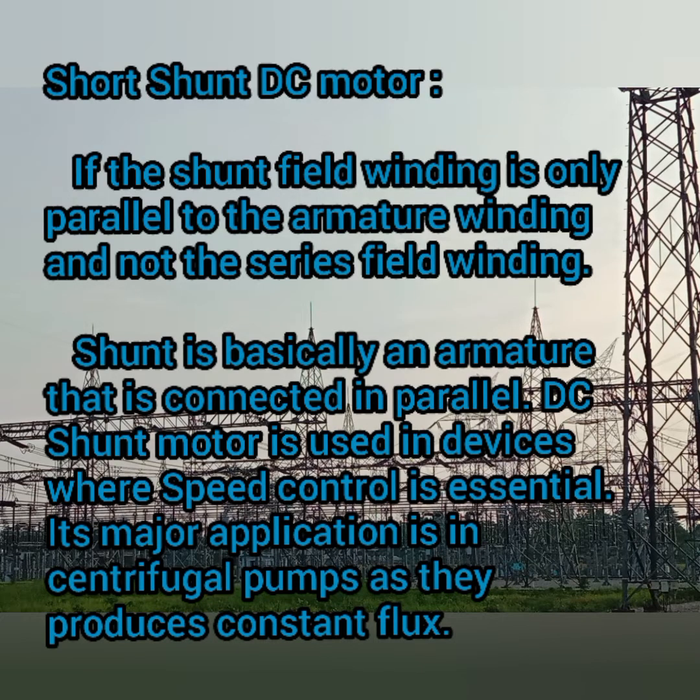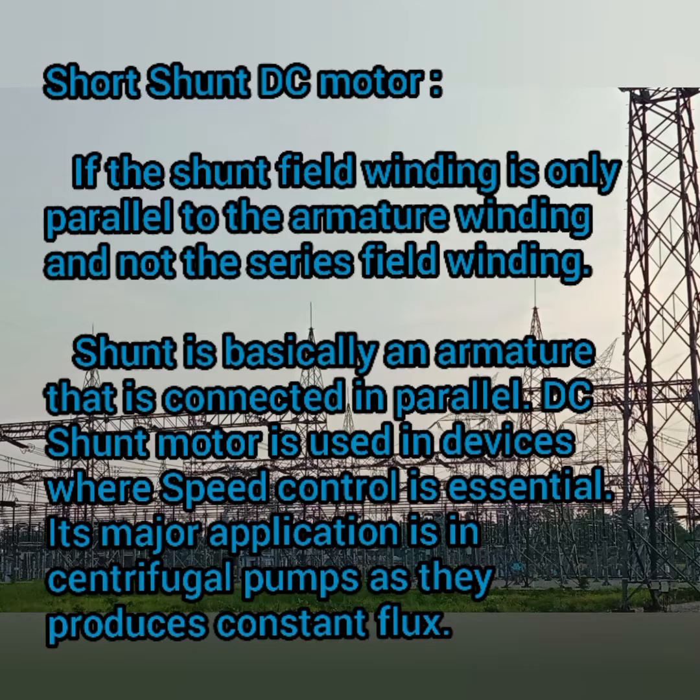So hence the compound excited motor carries both series and parallel conditions. Next, the subdivisions short shunt and your long shunt. Short shunt, in the sense, if the shunt field winding is only parallel to the armature winding and not the series field winding. So here the shunt is basically connected in parallel to your armature. So it is a short shunt.